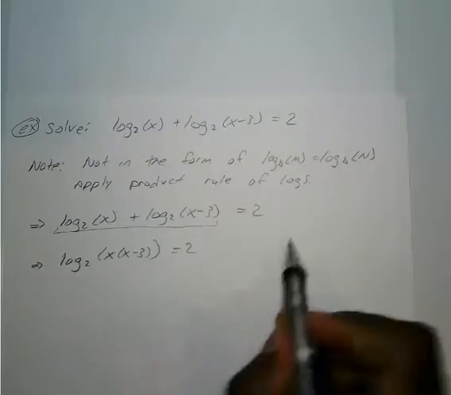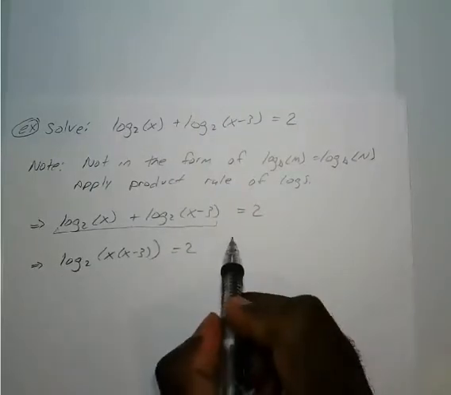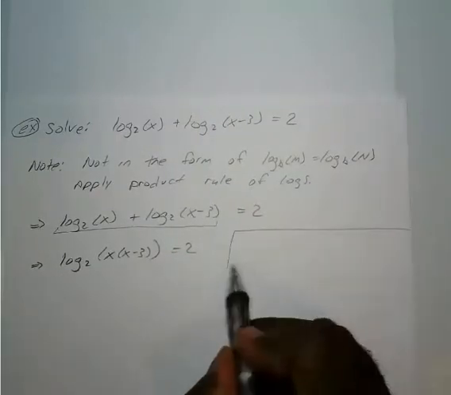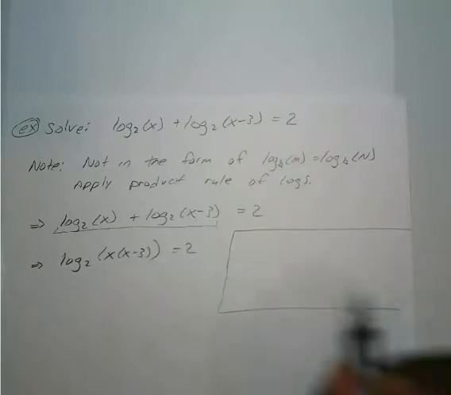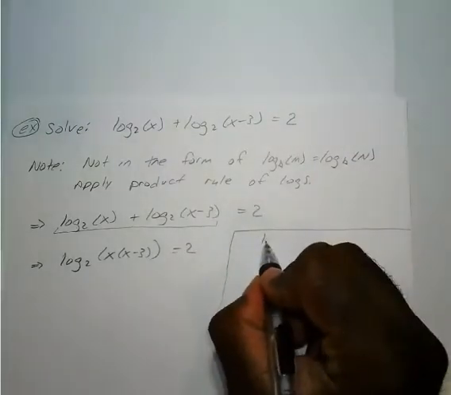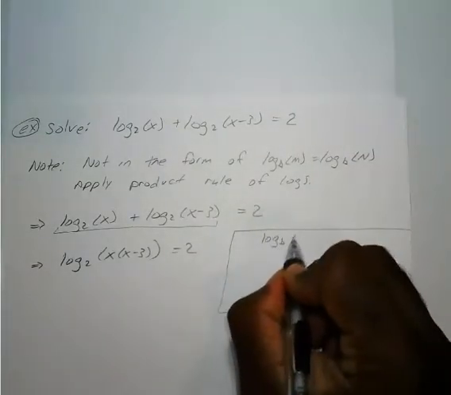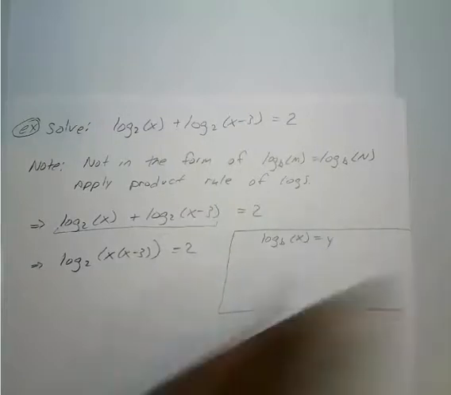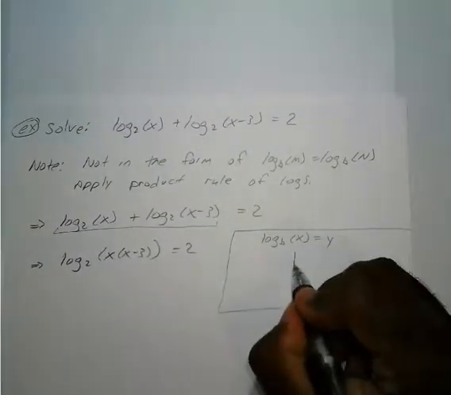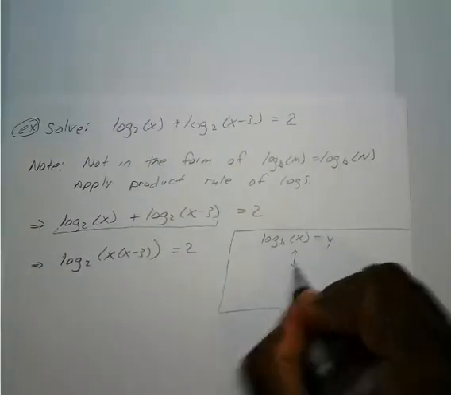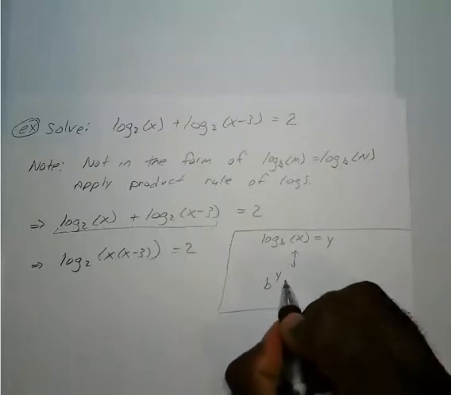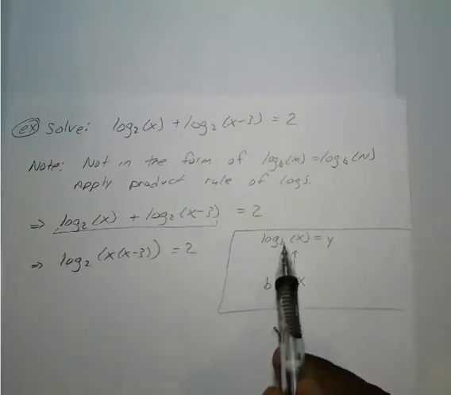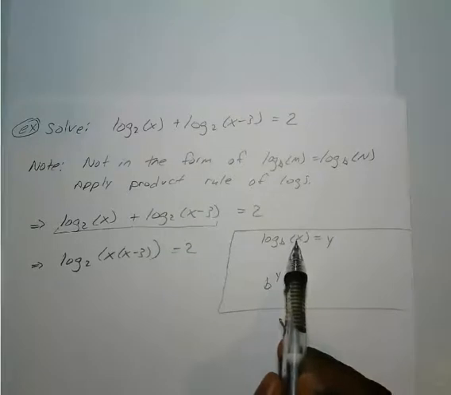Now from this step, if you remember that log base b of x equals y, remember that's equivalent to b to the power of y equals x. So your base to the power of your answer equals x.